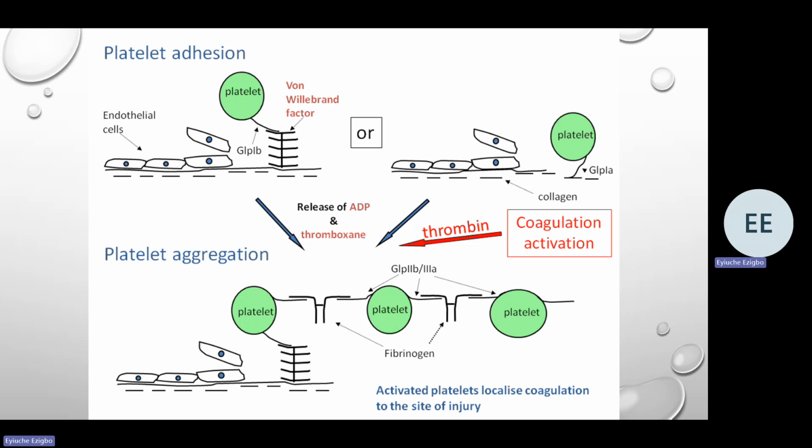They are unstable plugs, so they need to be stabilized. The fibrinogen needs to be converted to fibrin to make it more stable. But the primary hemostasis ends at this phase of just forming a platelet plug, and we have said that the platelet plug that is formed is basically unstable. So we need to go further.